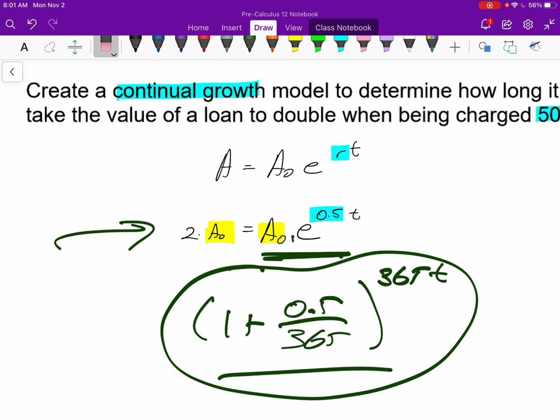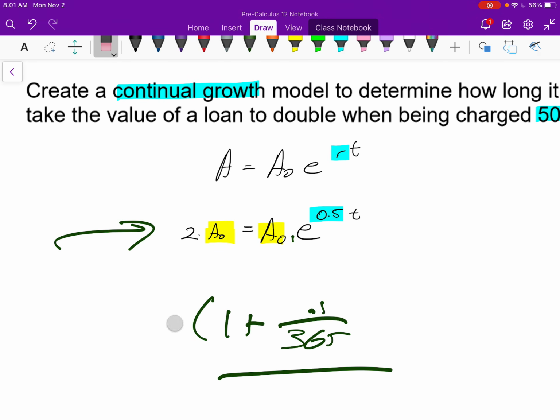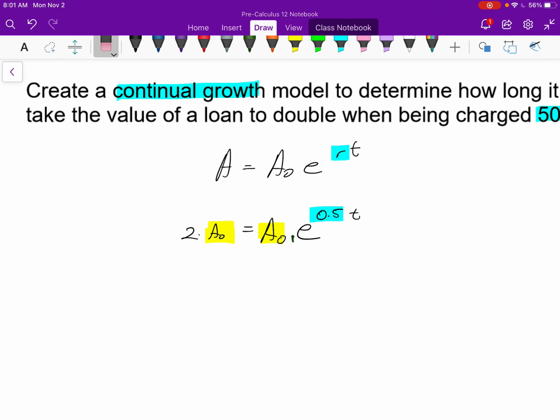What I wrote down here means this 50% interest is not compounding daily, it's compounding continuously, which means every instant, and an instant is almost 0. How close to 0? Infinitely close to 0 in terms of time. So every instant, there's an infinitesimally small amount of interest being added. Again, really abstract, but almost identical to what we got for compounding daily.